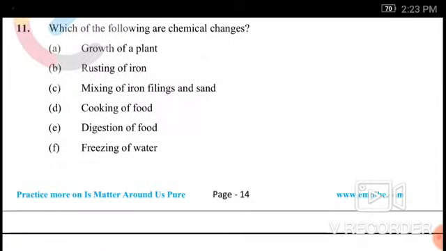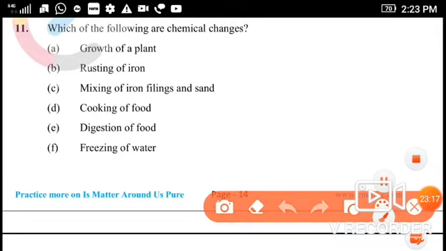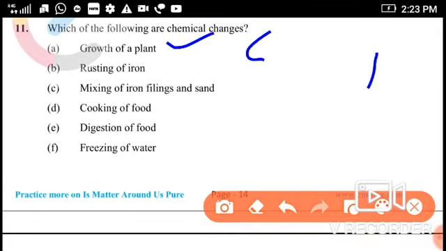Okay, now the 11th question is, you have to find the chemical changes. Growth of plant is a chemical change because it is not reversible. Rusting of iron is also a chemical change because a new substance is formed. Rust is a new substance.